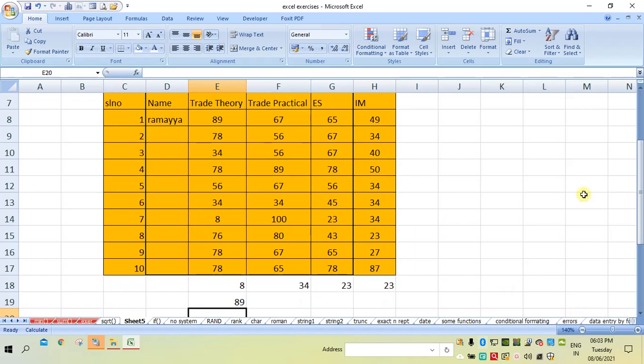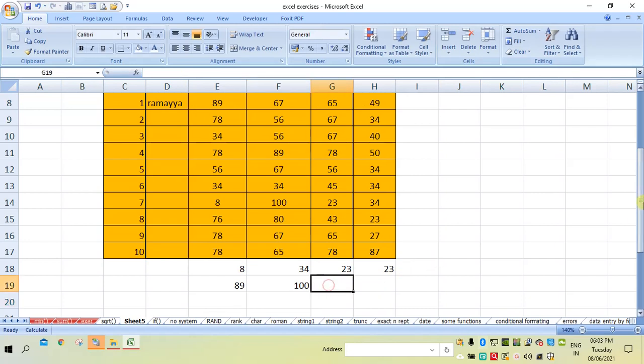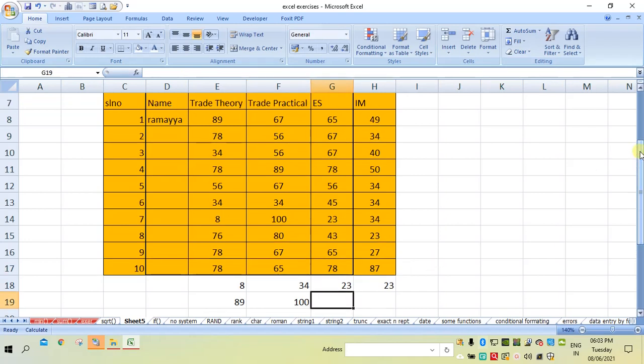Similarly, to get the maximum marks in trade practical, same procedure: equal to MAX, then select all these numbers. Here the range is from F8 to F17. Next, in the same way, to find the maximum marks obtained in employability skills, equal to MAX in brackets, select this, bracket complete.